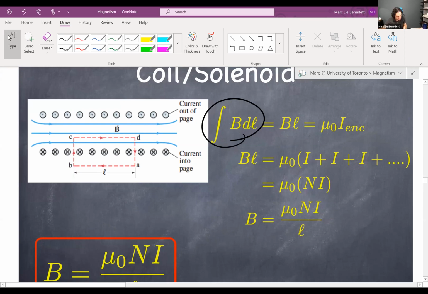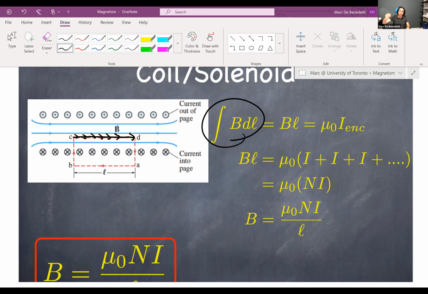So let's look here. Here's a big question: is the B field constant everywhere along the first section of my Amperian loop? I would say yes. In the top section of the Amperian loop, is the B field constant everywhere along that top section? The answer is yes.